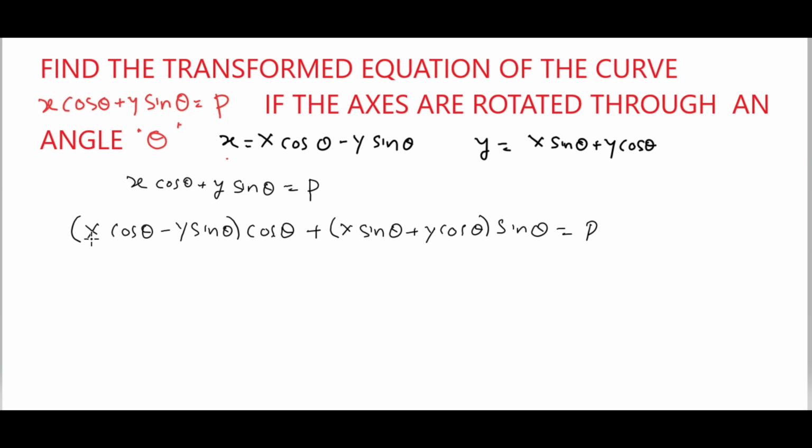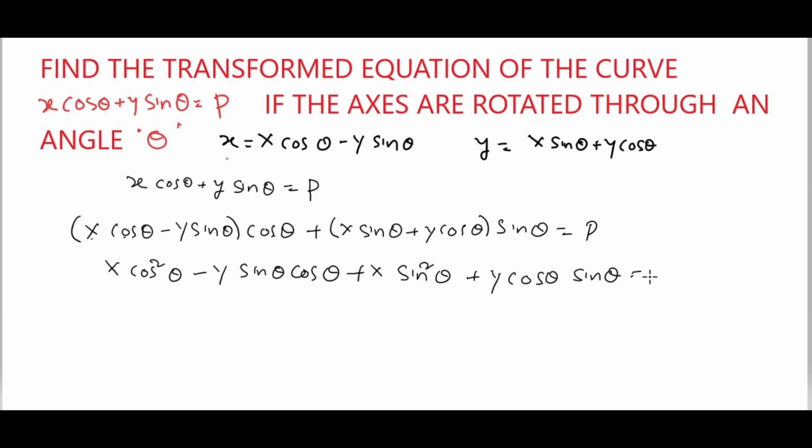Multiplying by cos theta, that is capital X cos square theta minus capital Y sin theta cos theta plus capital X sin square theta plus capital Y cos theta sin theta is equal to p.